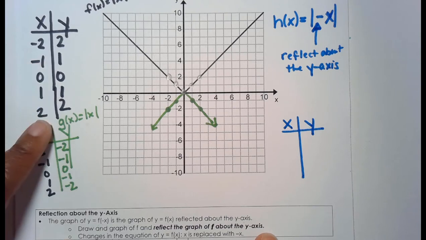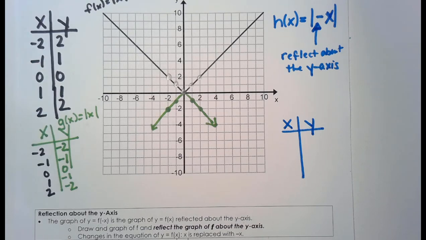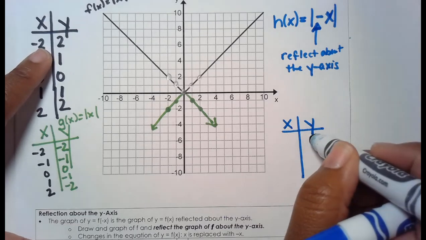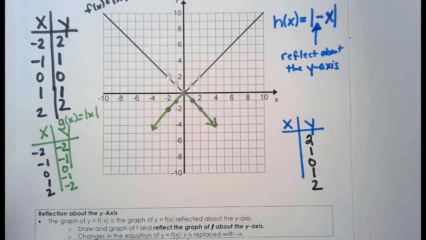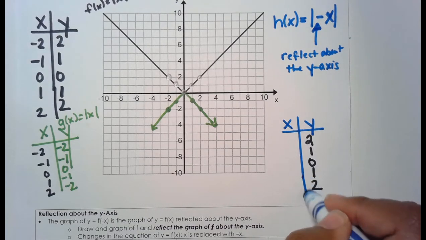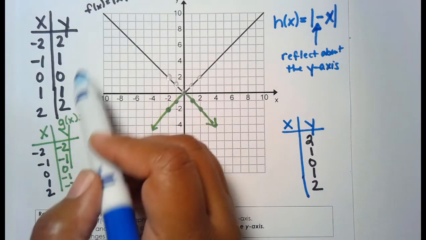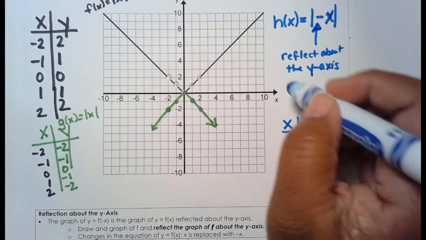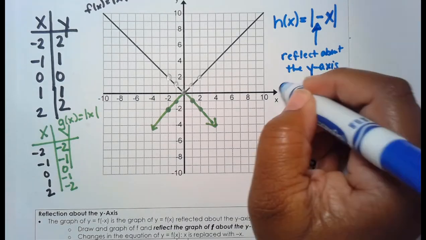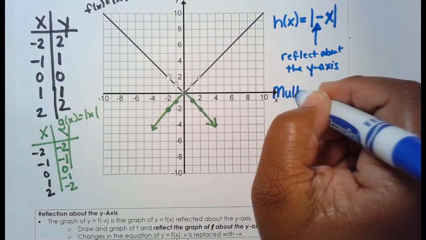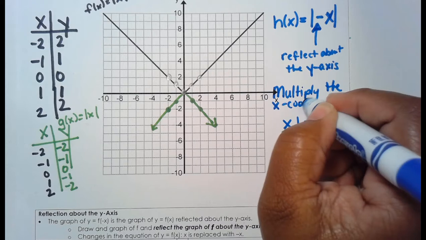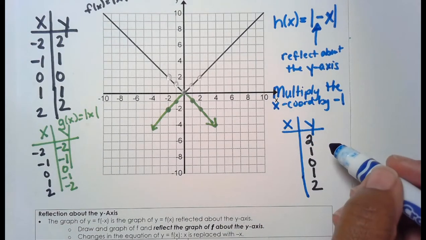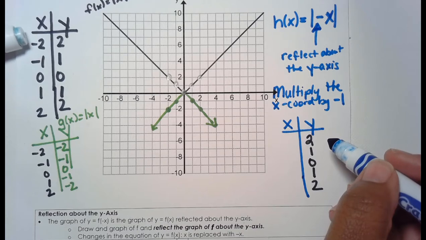Well, from our original graph, what's going to take place is that whereas before when you reflected about the x-axis you multiplied the y coordinates by -1, this time you're going to multiply the x coordinates by -1. So go to your original graph and look at the x coordinates and multiply those by -1.